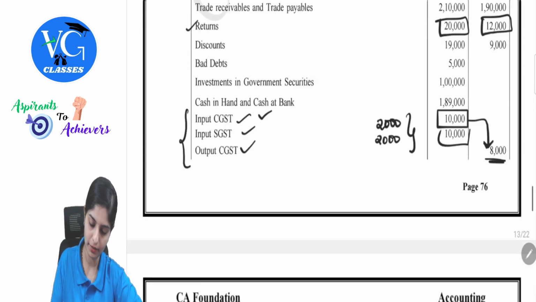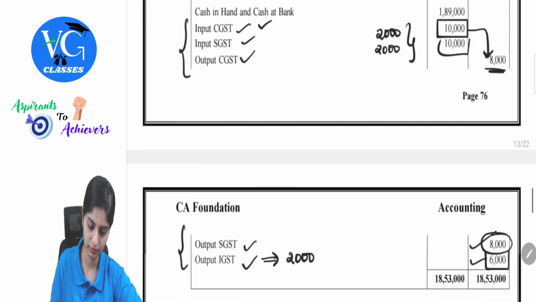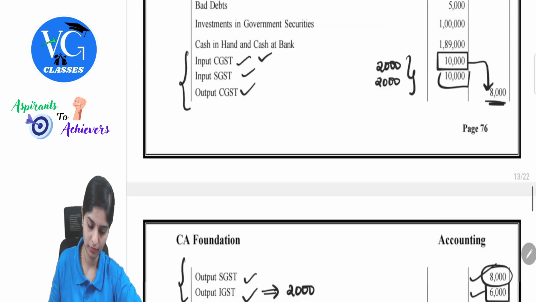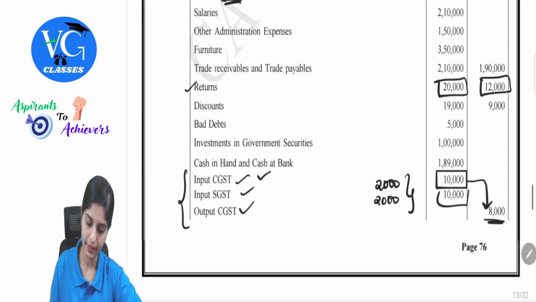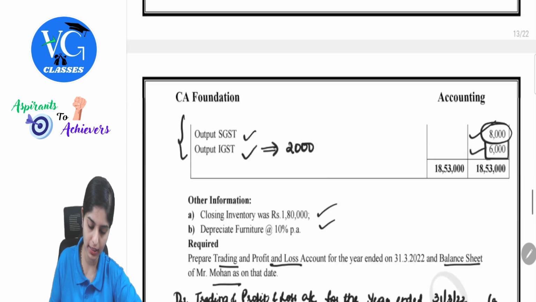Then 12,000. Then there is discount. Debit side discount will be discount allowed. Credit side will be discount received, 19 and 9.